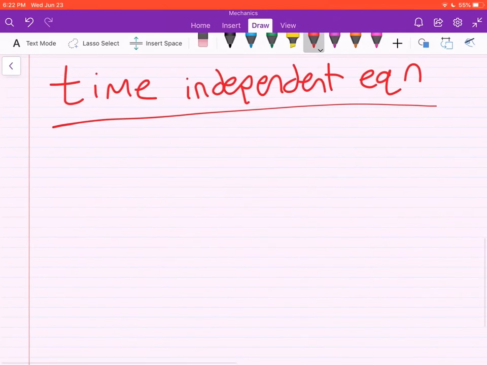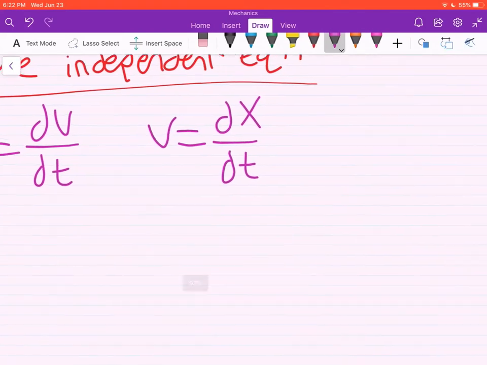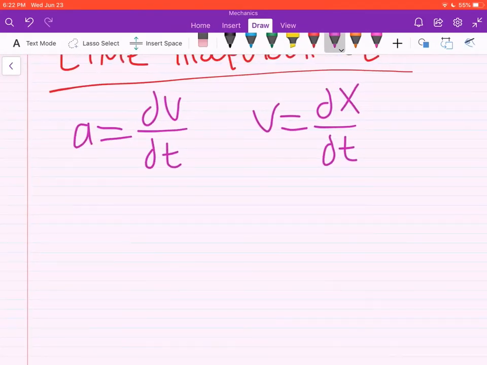So if we remember from earlier, our instantaneous acceleration is equal to dv/dt, and our instantaneous velocity is dx/dt. So we have two dt's, so we could set them both equal to two different things.